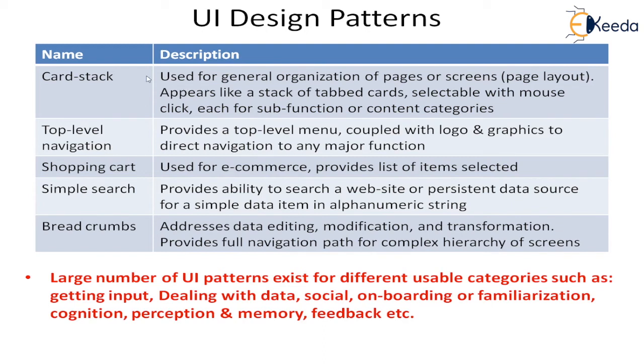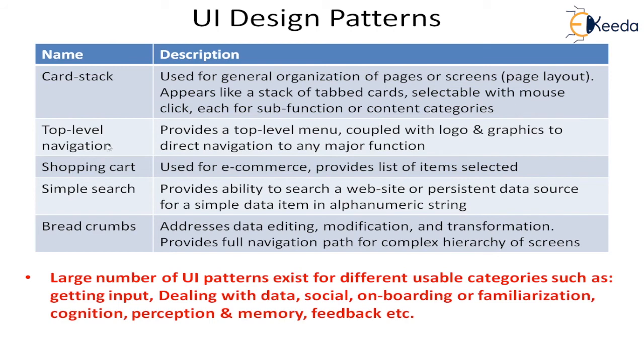Here there is a card stack. The design pattern name is card stack. It is used for general organization of pages or screens. It appears like a stack of tabbed cards, and each one can be selected with a mouse click. Each can be used for a different sub function, or different categories of contents can be kept in it.